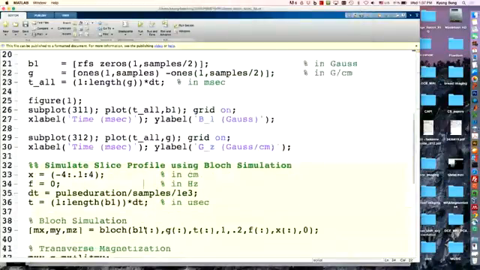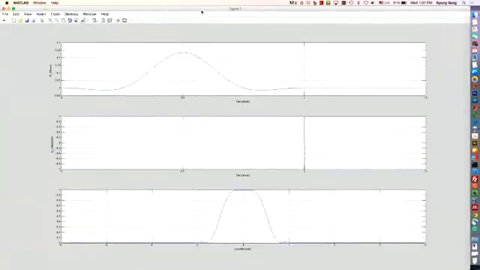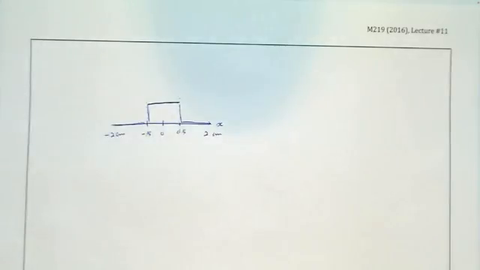So if you use the Bloch simulation, here's your plot. And you can see it. As I said, we're going to take a look here. It's more like -4 to 4, but that's okay. The ideal situation is what? As I showed before, it has to be a sharp transition at 0.5.